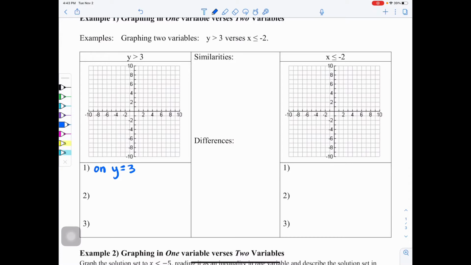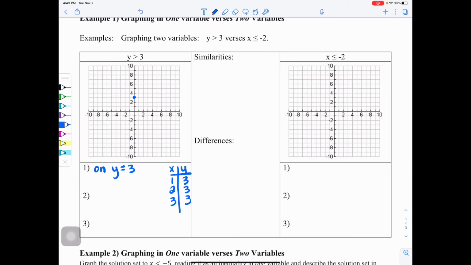So if you think back and remember, if y is 3 and I make an xy table, my entire side of y's gets filled in with 3's no matter what the x's are. It means that it crosses the y-axis at 3. So I would go up here and plot my point, and I know I'm going to make a horizontal line cutting across that y-axis.